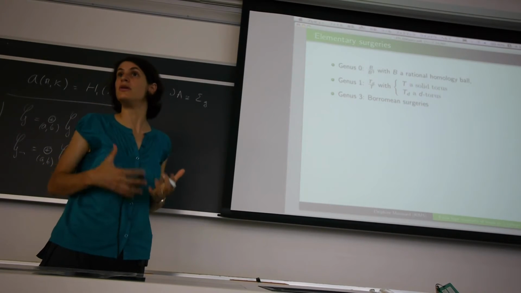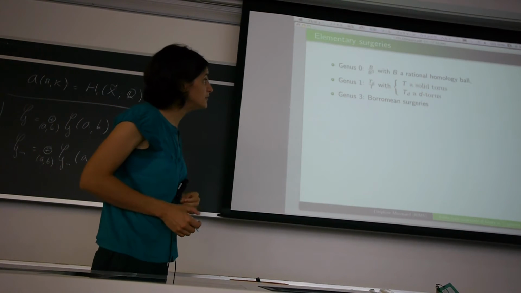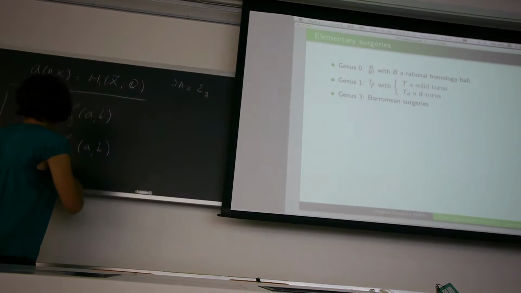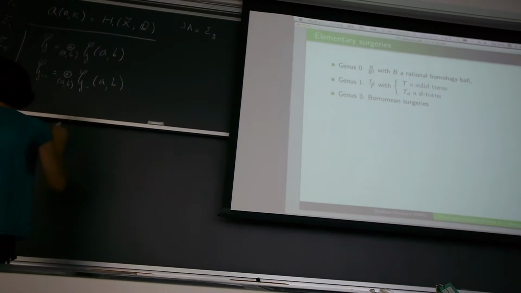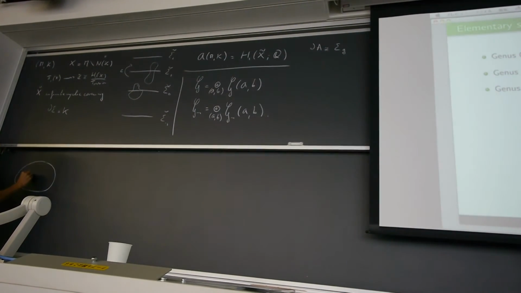So it's a genus 0 null Lagrangian preserving surgery. In genus 1, we have a move which is replacing a solid torus by a D torus. So a D torus is a rational homology torus such that we have the boundary of our rational homology torus, TD, and on the boundary of TD we have two simple closed curves, alpha and beta, whose homology classes generate the first homology group of the boundary of TD.